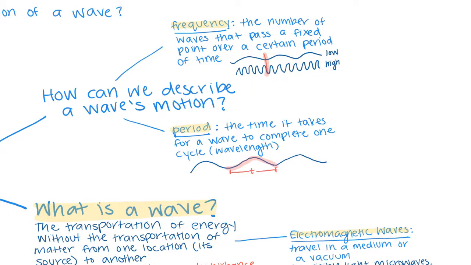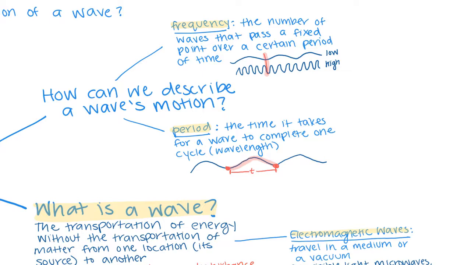So its starting point and ending point are in the same position. So this is one wavelength right here. You notice it starts in this, what we call a trough of a wave, and it ends in this trough of a wave. So that's how we kind of break it up and measure the length of a wave. So that is one wavelength.